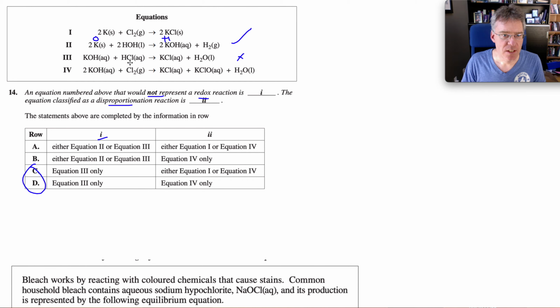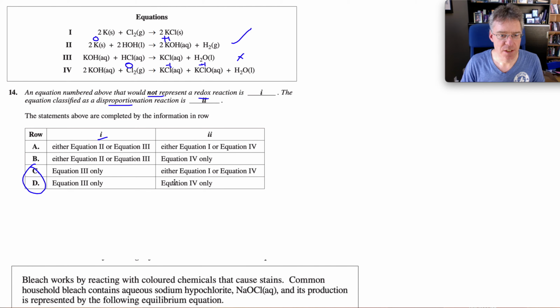We have chlorine that starts as 0, going to an oxidation state of -1 here. And we have to figure out this oxidation state. It ends up being +1. Oxygen is 2-, potassium is +1, and then the chlorine as another +1 will balance out the -2. So we've got chlorine going down to -1 and up to +1.